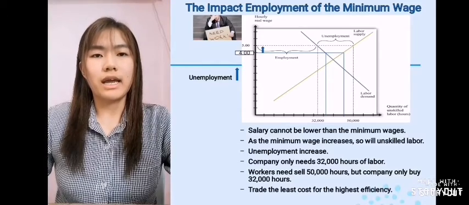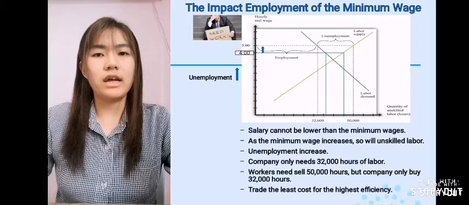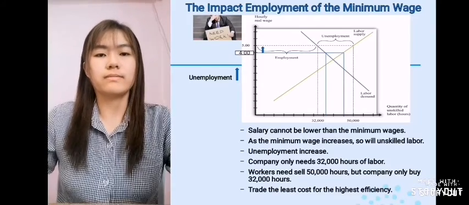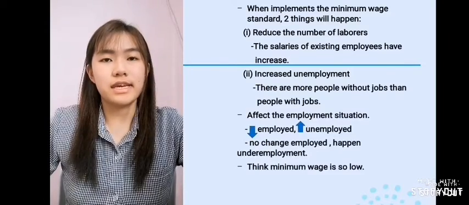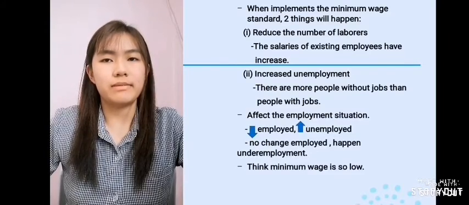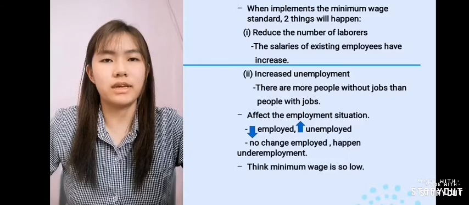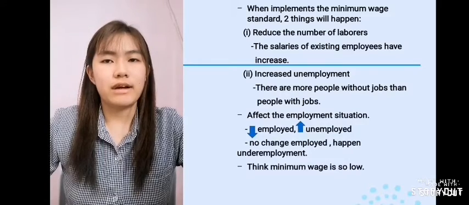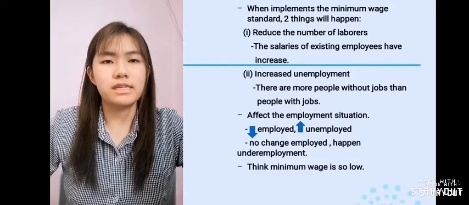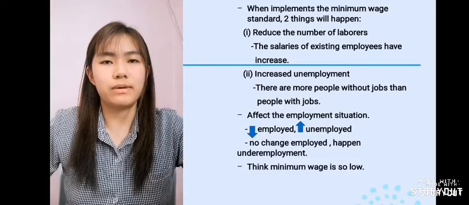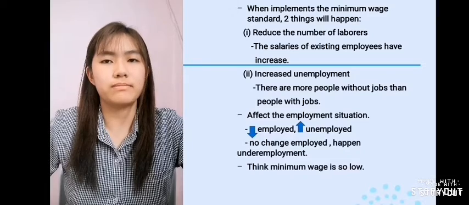Because the company wants to seek the least cost for the highest efficiency. In a market with voluntary trade, no one can force the company to hire workers. Therefore, the labor quantity in the market will be determined by how much the company wants to buy. When the government implements the minimum wage standard, two things will happen. The first is the reduction in the number of laborers employed by companies in the market.